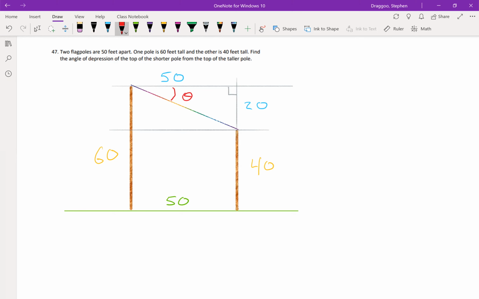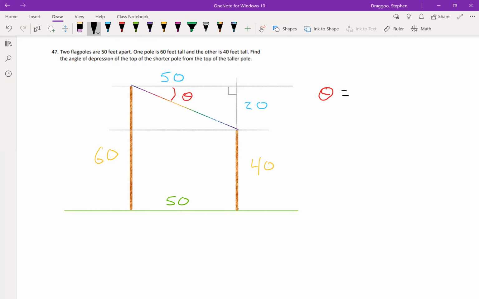Namely, my angle theta should somehow be related to the opposite side and the adjacent side, which means I'm interested probably in a tangent function. But since I'm looking to solve for the angle rather than solving for one of the missing sides, I'm going to end up needing an inverse trig function, since anytime I use an inverse trig function, my resulting answer should be an angle.